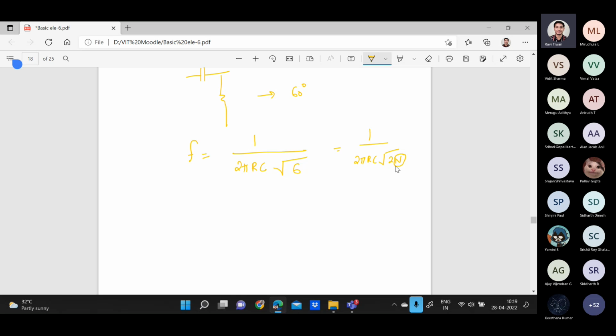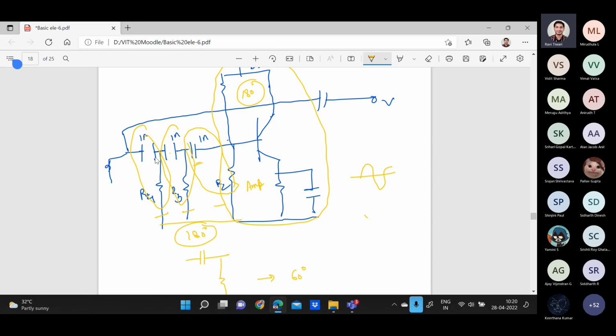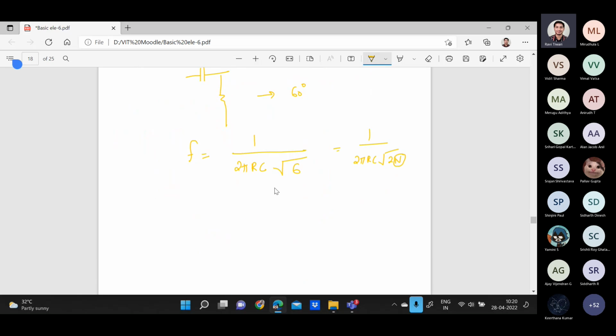As we are taking only 3 combinations, so it is equals to 2 into 3, that will be equals to 6. And always remember these capacitor values will be same. If you are assuming this is C1, this is C2, this is C3, the value will be same. So this C will be equals to C1 equals to C2 equals to C3 equals to C.